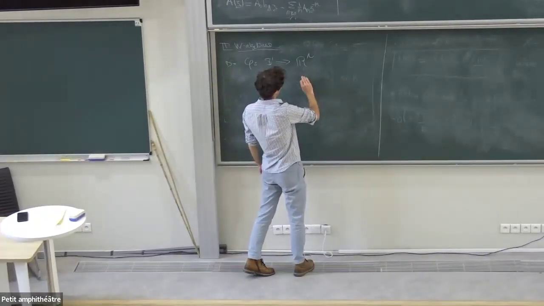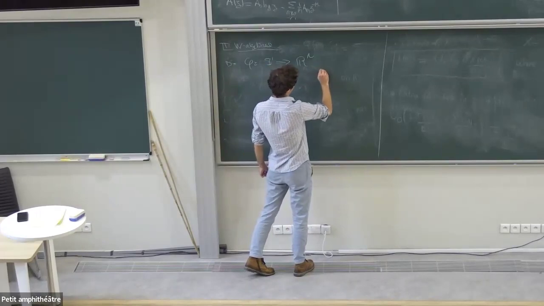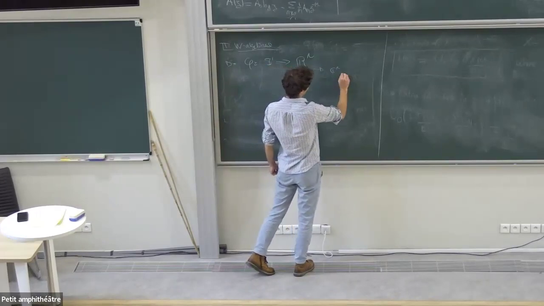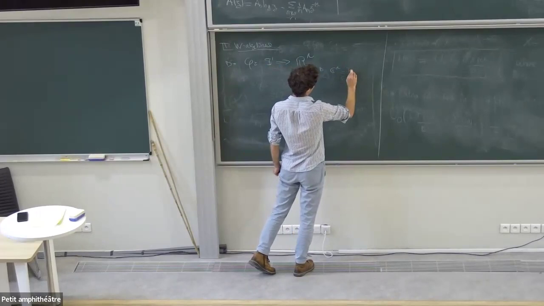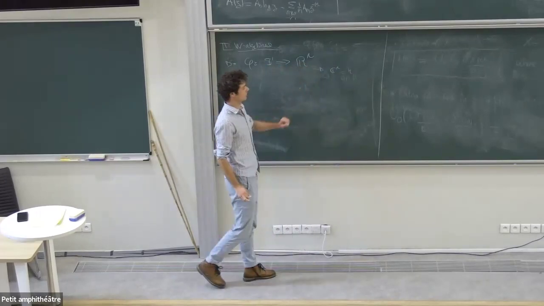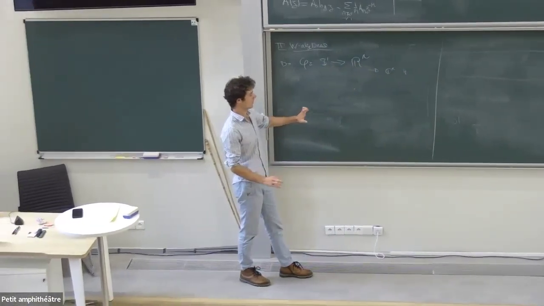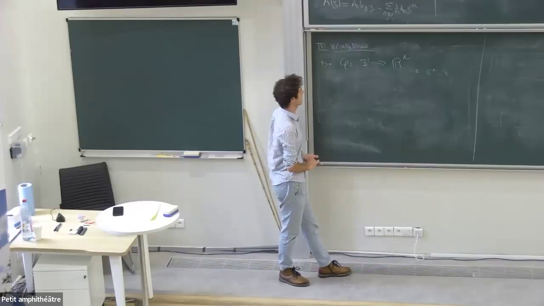So basically you view it as a subset of C to the r, which you should think of as a Cartan subalgebra of some algebra G. I will come to that later.